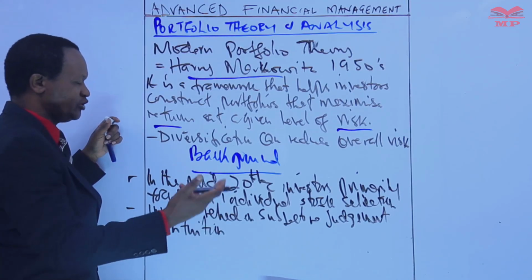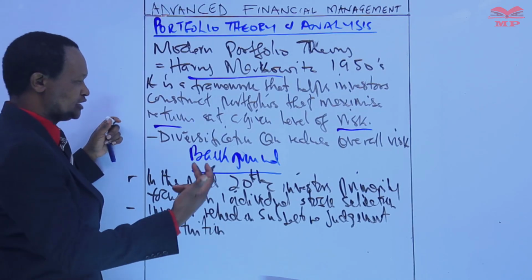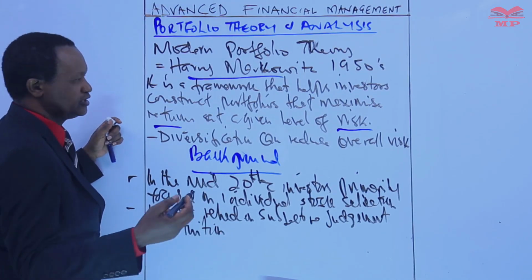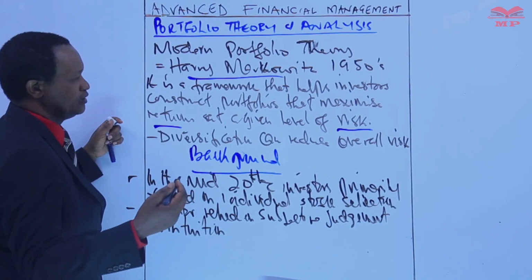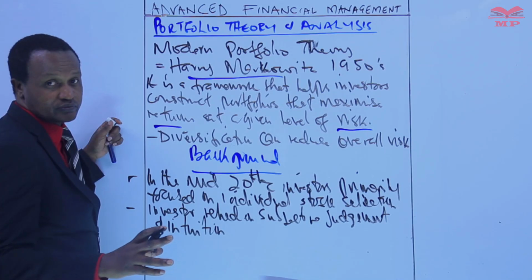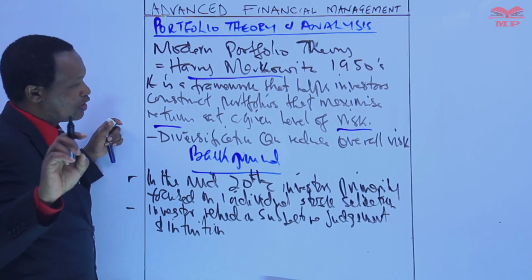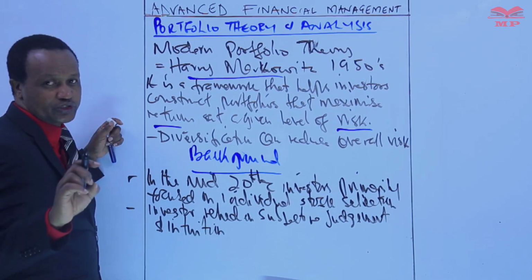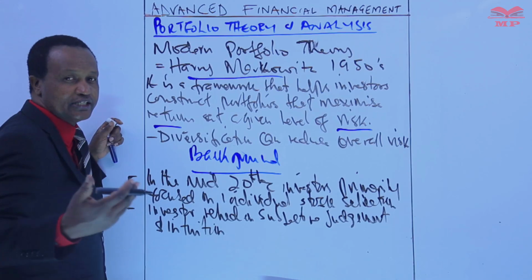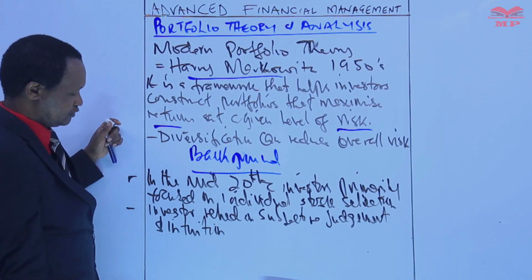They relied on qualitative judgment, okay, subjective judgment on which investments to undertake, what combination, and so on. So Markowitz introduced a quantitative approach that allowed investors to systematically analyze the risk and return characteristics of portfolios.